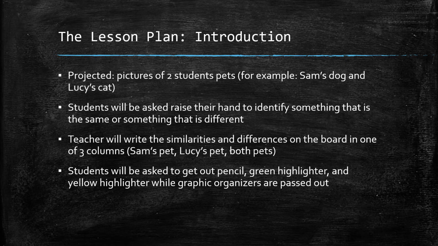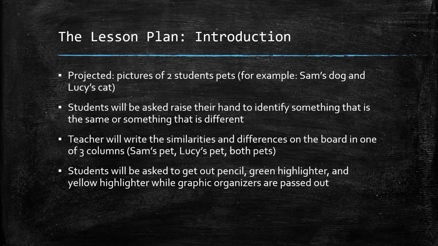For this activity, I'm going to start by projecting pictures of 2 of the students' pets. For example, I may have a picture of Sam's dog and a picture of Lucy's cat. Then I'm going to ask students to raise their hand and identify something that is the same or something that is different about these 2 pictures.